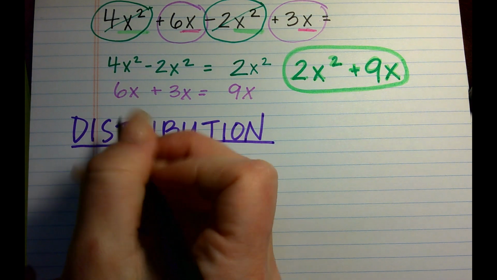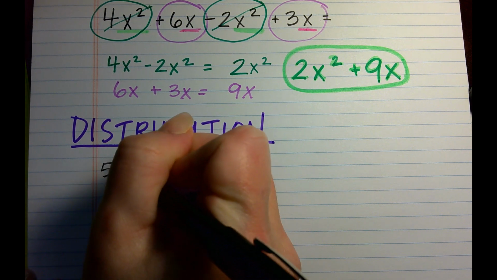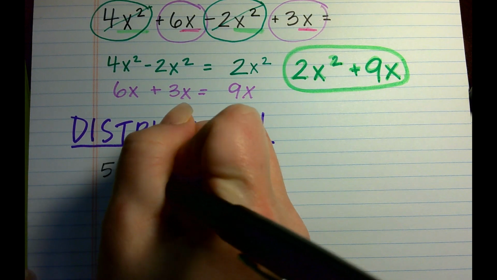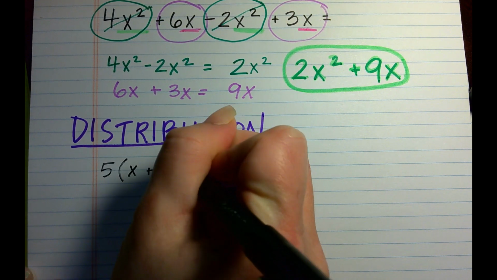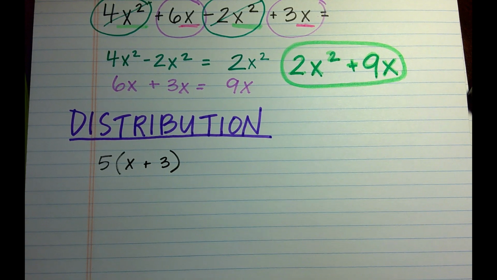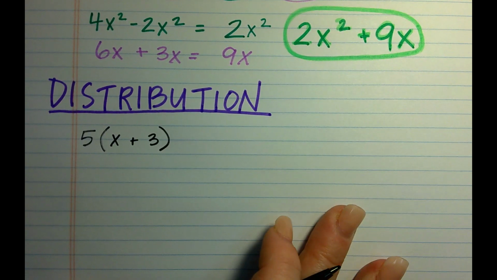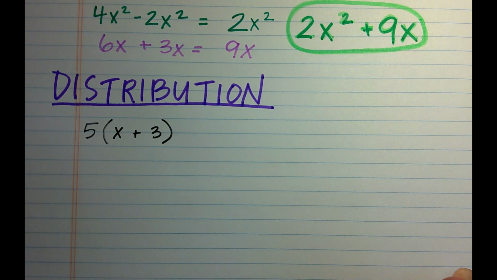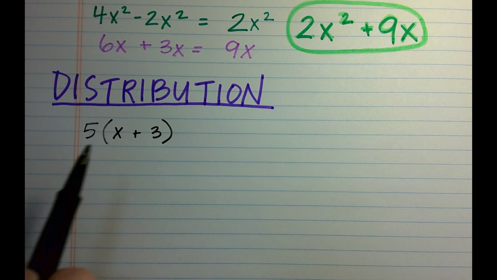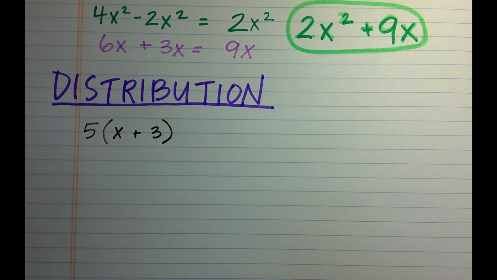For example, if I have 5 parentheses, x plus 3. If I wanted to solve this or simplify it, we would use distribution. Now that I have an example here, a less loaded question would be, how do I use distribution to solve this?